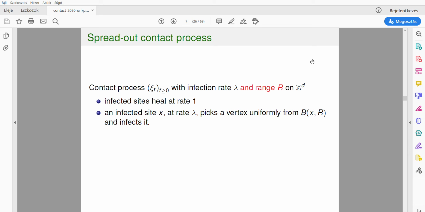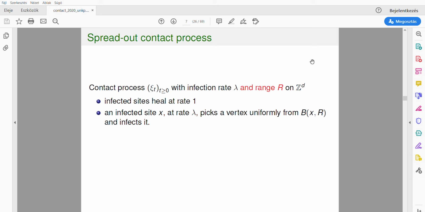So actually these balls are boxes, because a ball with respect to the infinity norm looks like a box. But our results would hold equally well if we chose another norm, let's say the Euclidean one.